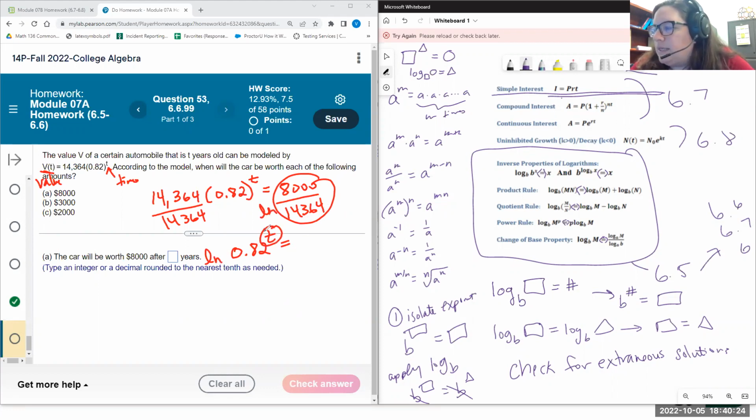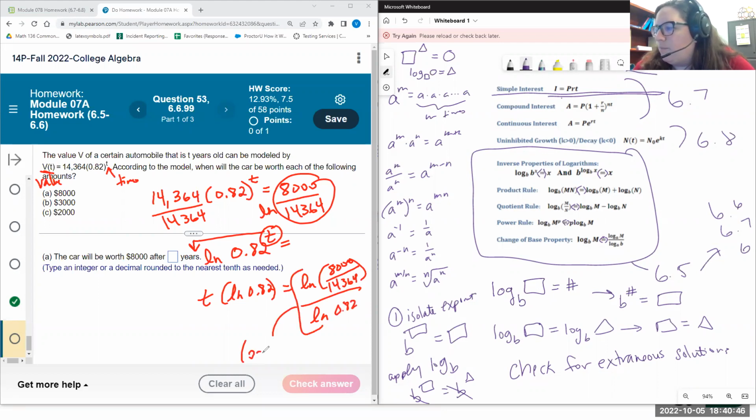Then that allows the t to move out front using the power rule. So t times ln of 0.82 equals ln of this stuff. And then I divide by the ln of 0.82, or this whole thing could be done as a log base 0.82 of the 8,000 divided by 14,364.